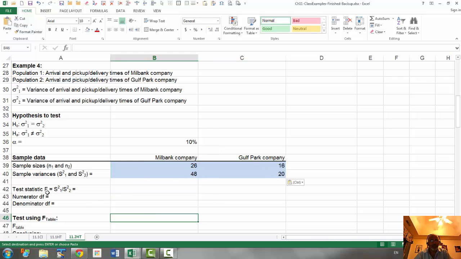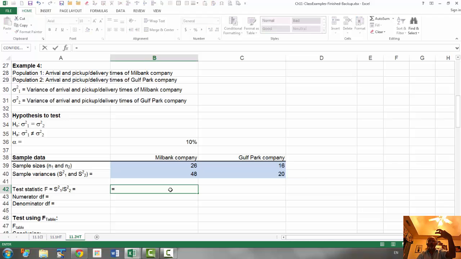Now the test statistic is S sub 1 squared divided by S sub 2 squared. And when you're using a table from the textbook, we need to make sure that this F is greater than 1. In other words, the larger variance should go in the numerator and the smaller one should go in the denominator. But when we're using Excel, it really doesn't matter.